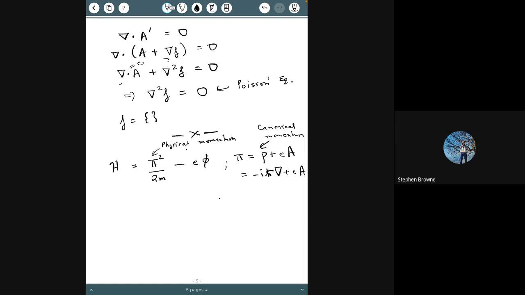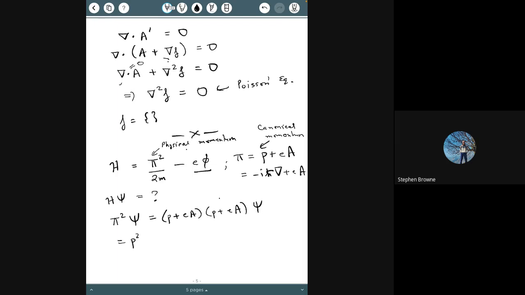Now from here, if we expand this pi square, H psi is what we need to evaluate. So let's first see what pi square psi is, which is the most difficult one, because E phi is just multiplicative. So this is P plus EA into P plus EA acting on psi.